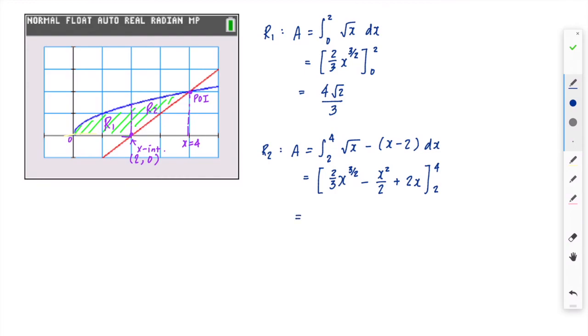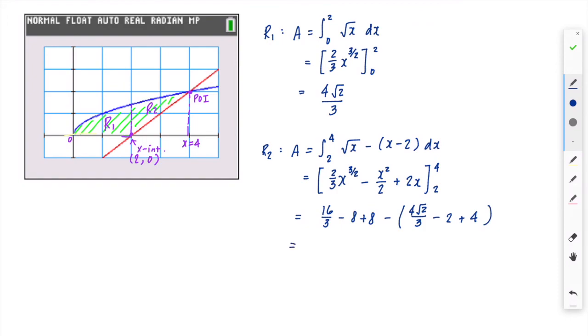And now let's sub. The square root of 4 first. That's easier, right? So square root of 4 is 2, 8 times 2, 16 over 3 minus 4 squared, 16 over 2, 8, plus 8 minus 2. So we know the first one is going to work out to 4 root 2 over 3 minus 4 over 2 is 2 plus 2 times 2 is 4.